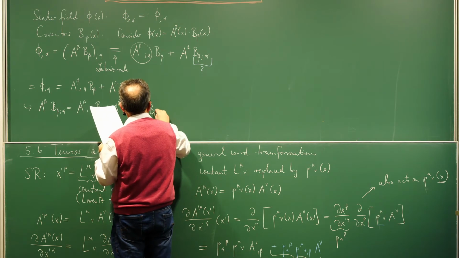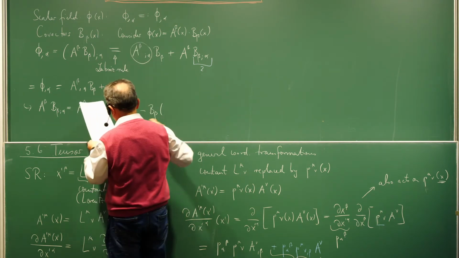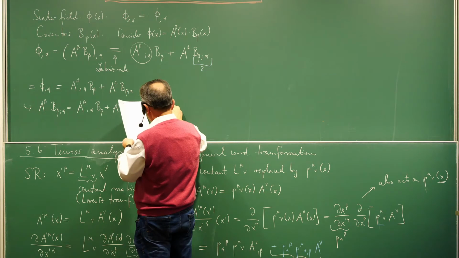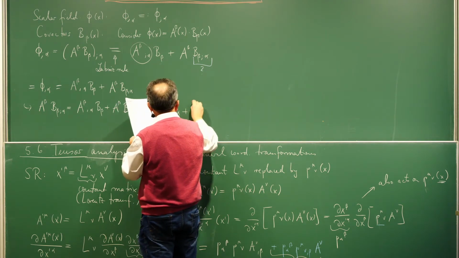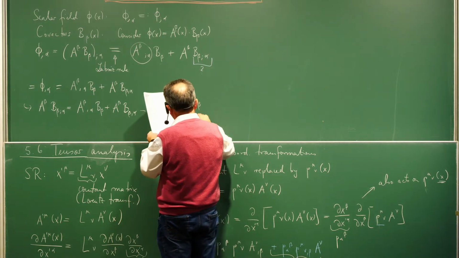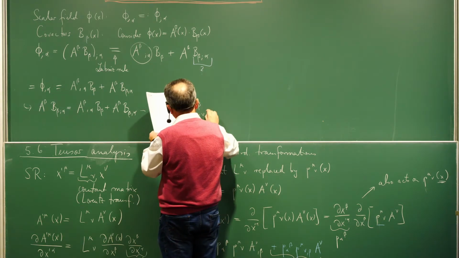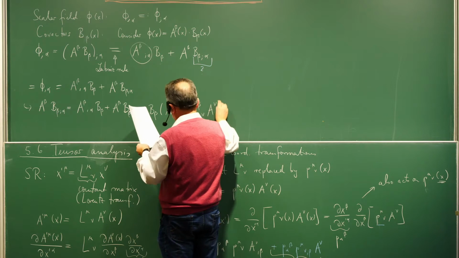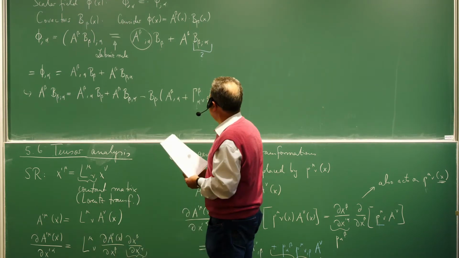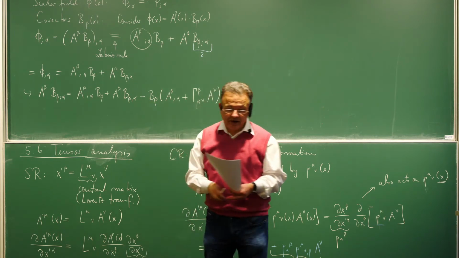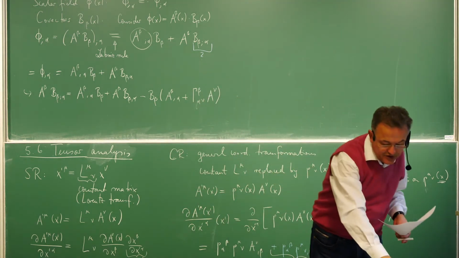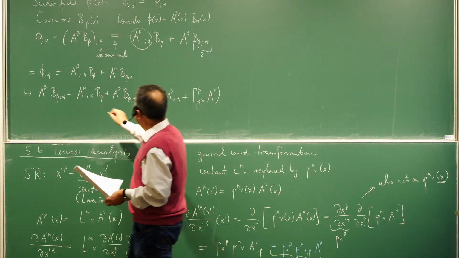This is minus b beta, and then I insert here this from above, which is with the corresponding index names a beta comma alpha plus gamma beta alpha nu a nu. Now you see here these two terms are identical but have a relative minus sign, so these two terms cancel.